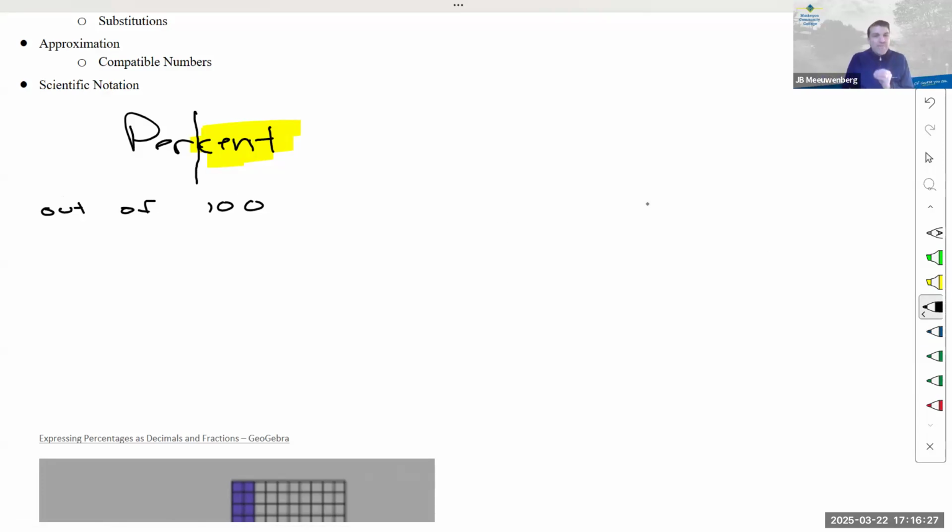So basically, whenever you see the sign that we use for percent, which is this, there's our percent symbol, it almost even looks like a rearrangement of the number 100 and a fraction sort of all combined together. The word percent means out of 100. So if we see 15%, it literally means 15 out of 100.